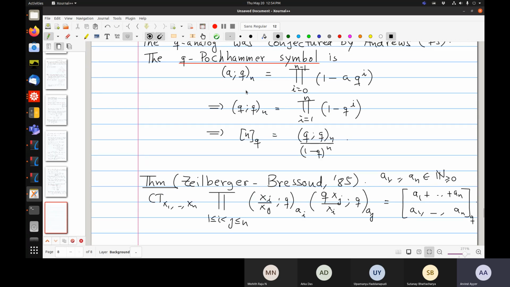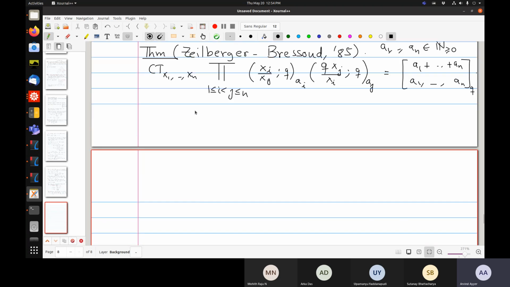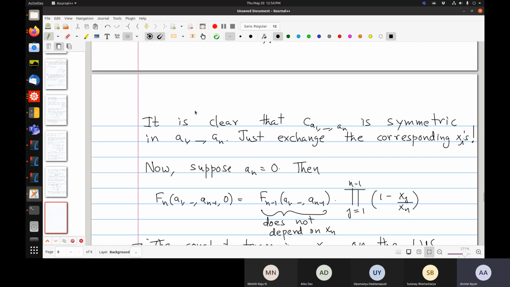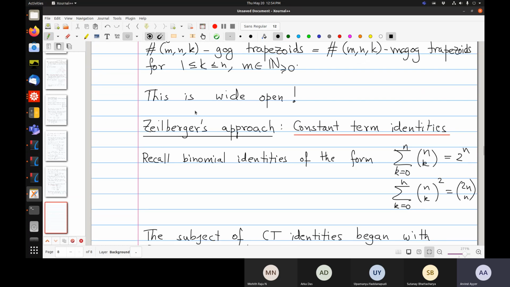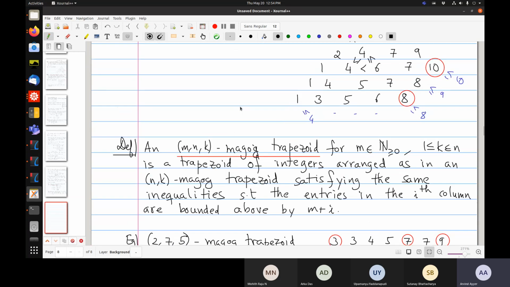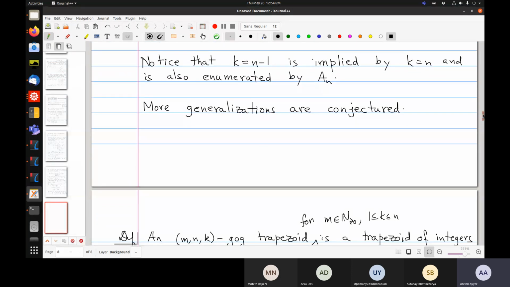So fast forward. There were a lot of different constant term identities which were conjectured and proved, and Zeilberger's approach, fast forwarding to 93, was to find a way to count both sides using constant term identities, but not the same constant term identity, and this is why this result is quite hard.